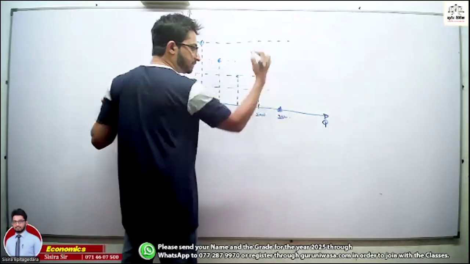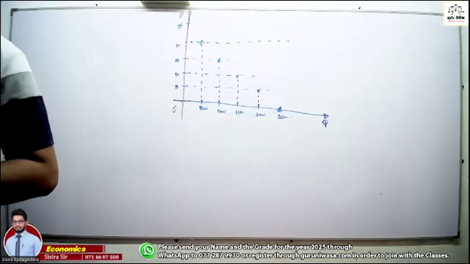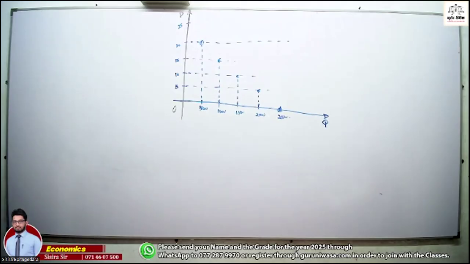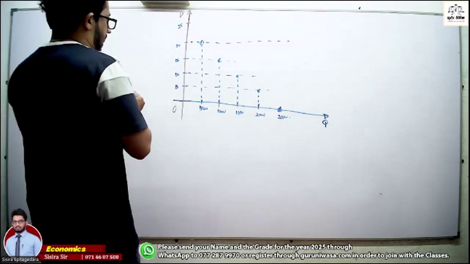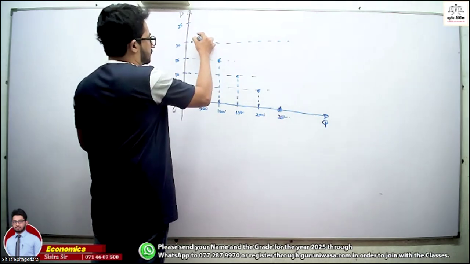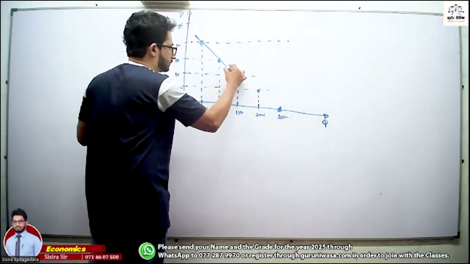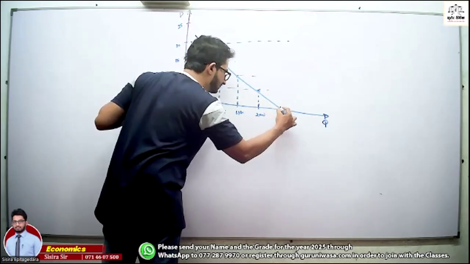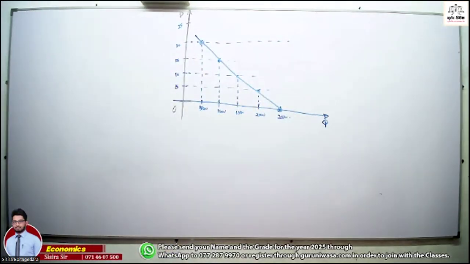Here is the point on the quantity axis. Is that clear? Okay, now you can draw the curve. This is the demand curve.